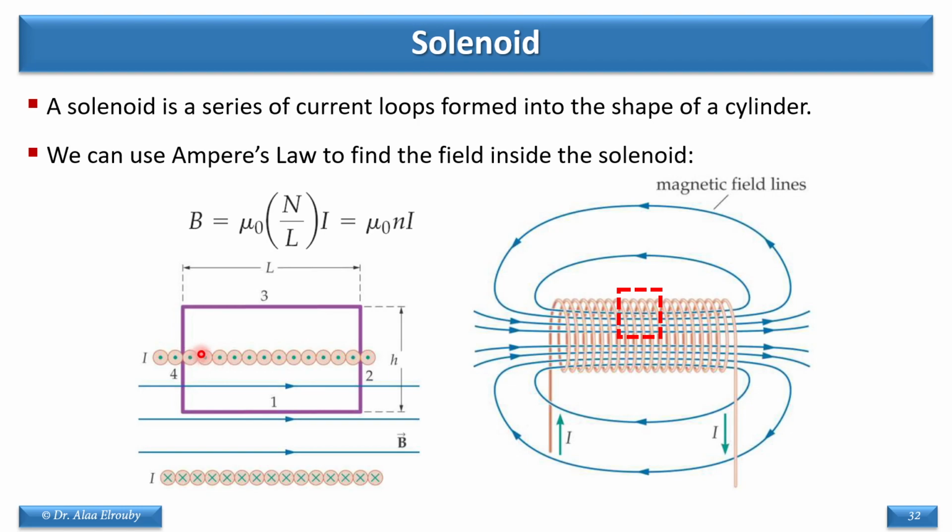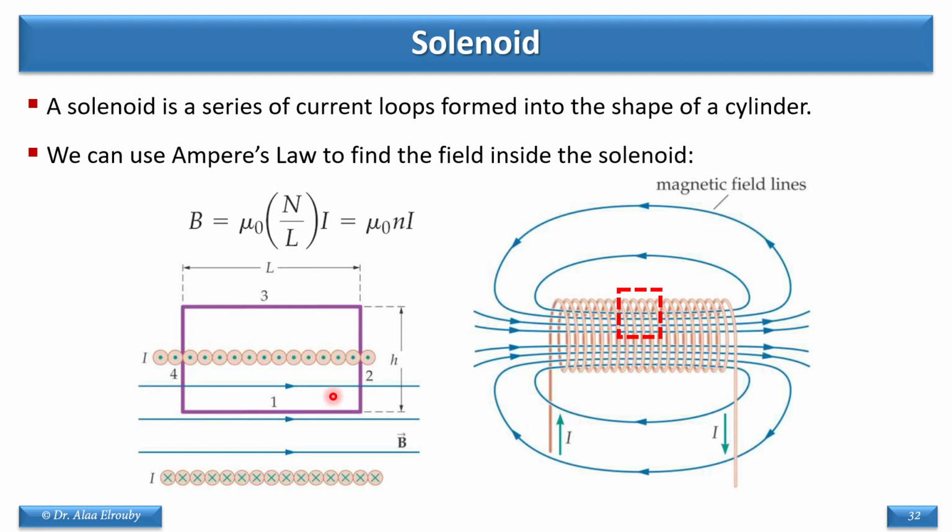Here the currents are going outside of the screen. Here we have the magnetic field lines horizontal, and this is the other side of the solenoid. The current goes out, the current goes in, and we choose our rectangular path this way.